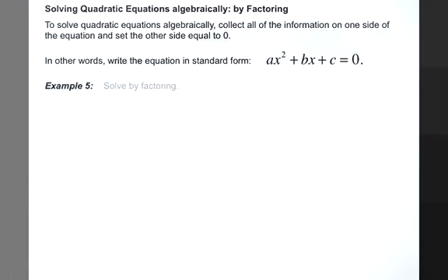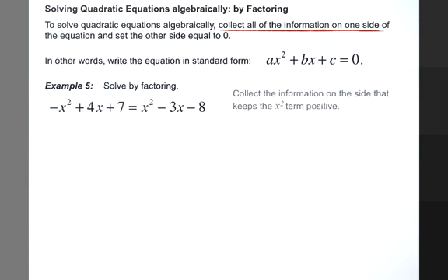Example 5. Solve the following by factoring. Before we solve this by factoring, we have to move all of the information from one side of the equation to the other. So we collect the information on the side that keeps the x squared term positive.